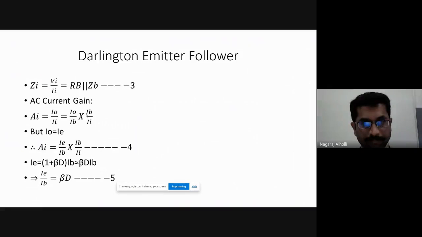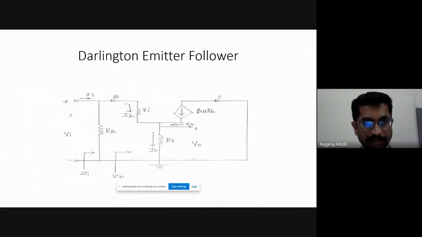The input impedance Zi is given by input voltage divided by input current. Input voltage is Vi, input current is Ii. That gives the input impedance. Now what is the input impedance? It is this Rb resistance in parallel with Zb, as seen from the input terminals of the input voltage.